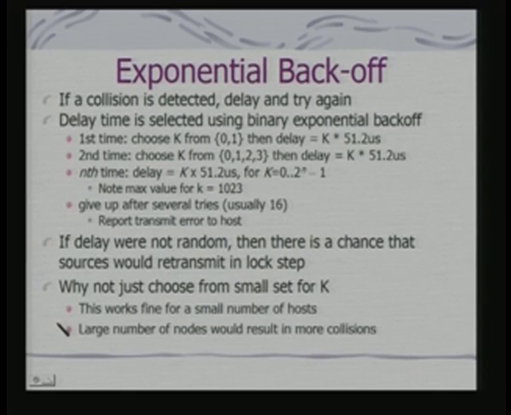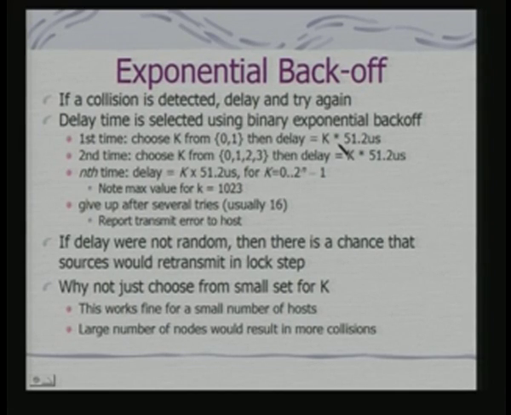Now, the interesting feature is how you back off. That means, when you detect a collision, how do you decide what will be the next time instance for transmission. The delay time is chosen in a random fashion. In fact, there is a choice of k, and you randomly make a choice of k, and that defines the delay.